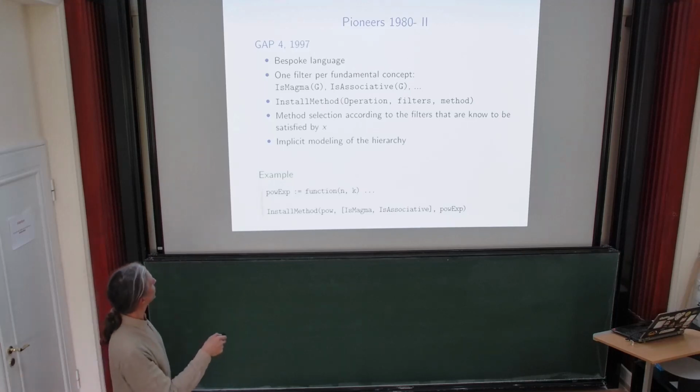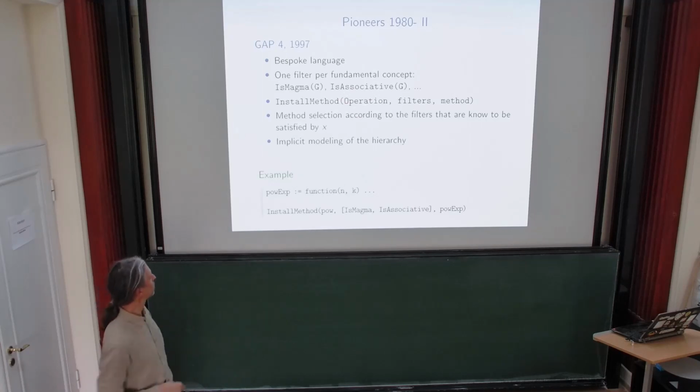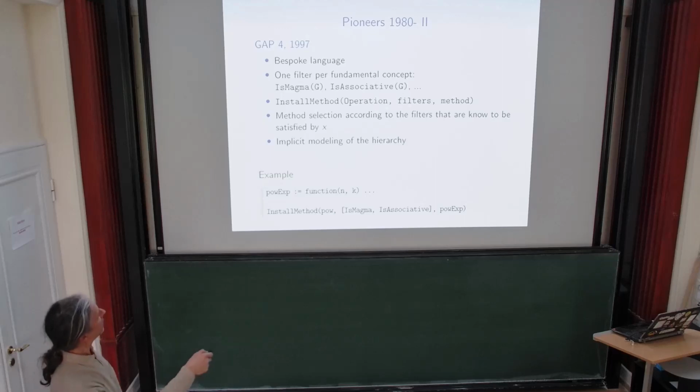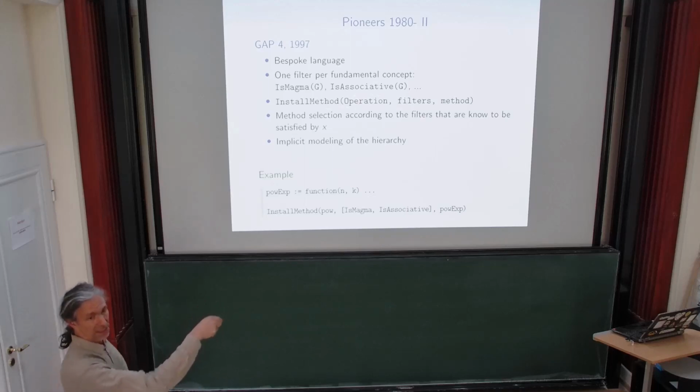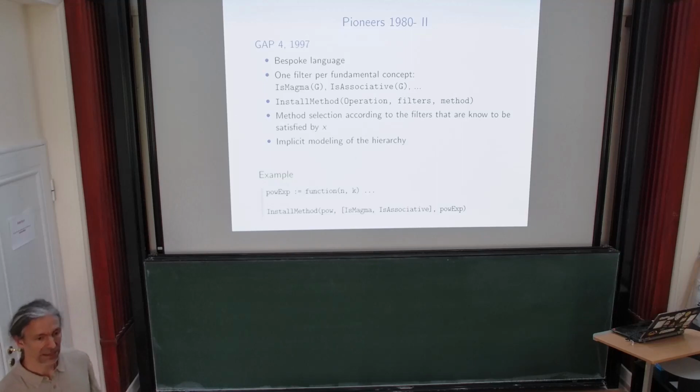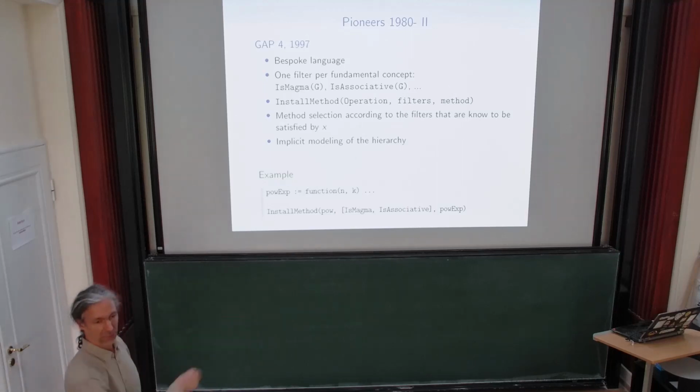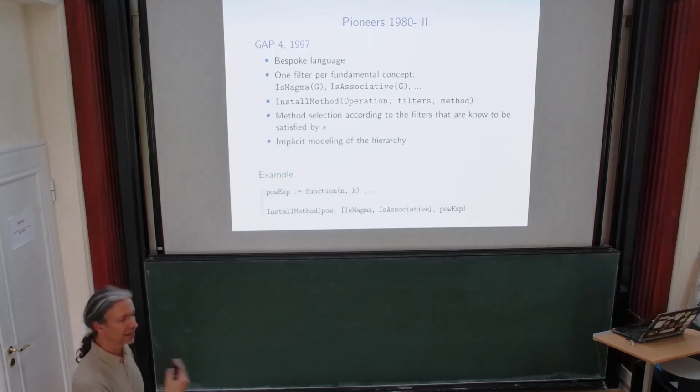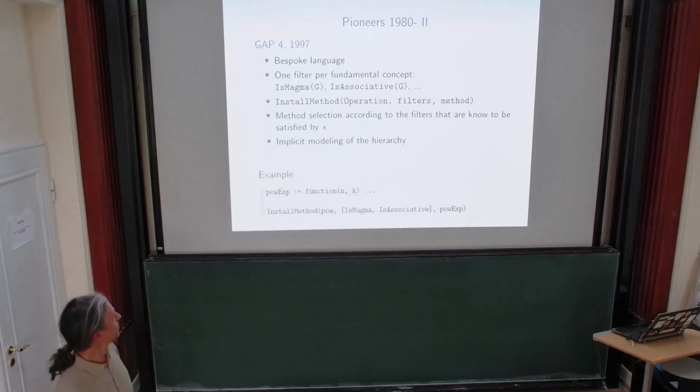Then you implement your code as operations. For example, there will be an operation like multiplication. And for the operation multiplication, if these filters are true, say if I am a magma that is associative, then you can use this method. That's the way you declare the recipe.